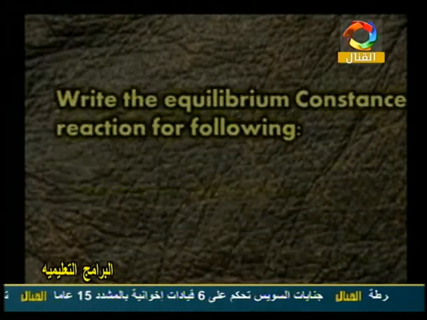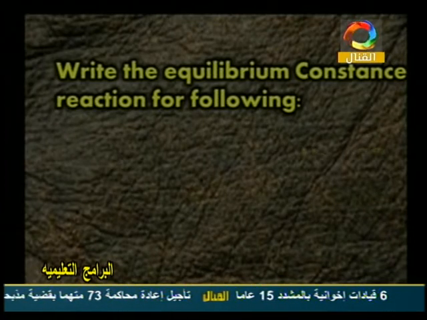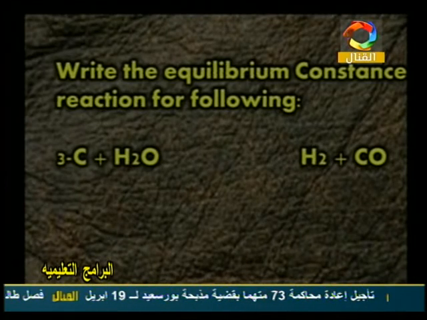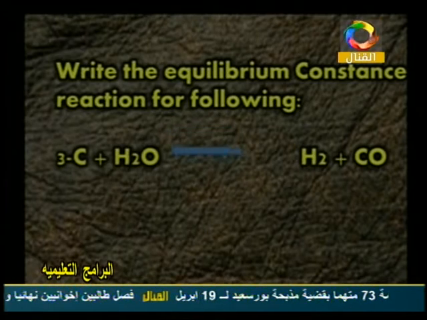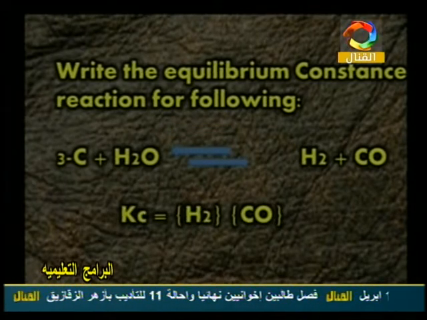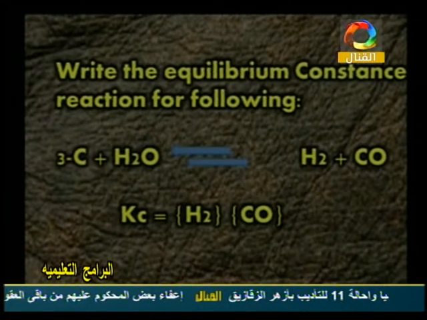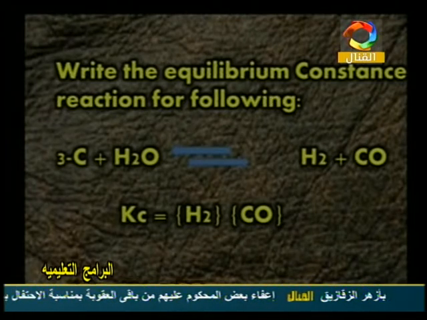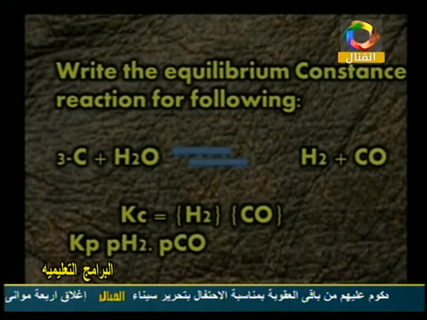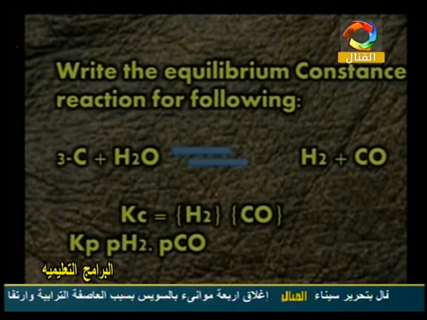What else? Now, write the equilibrium constant of this reaction. Look at this. C plus H2O, reversible, will be H2 plus CO. Kc equals, answer, good, quickly. We can say it as H2 concentration times the concentration of CO. Easy, my dear. Kp equals PH2 times PCO. This is about the law of equilibrium.